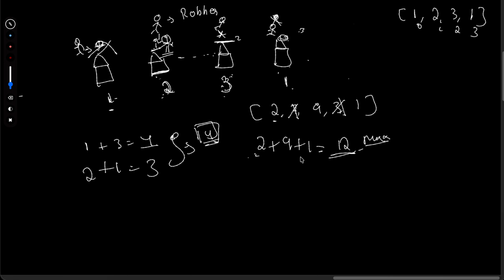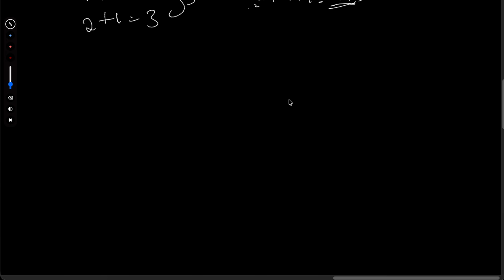So at every house we have only 2 choices: skip this house, or rob this house and skip the next one. That's it. So let's try it with recursion.